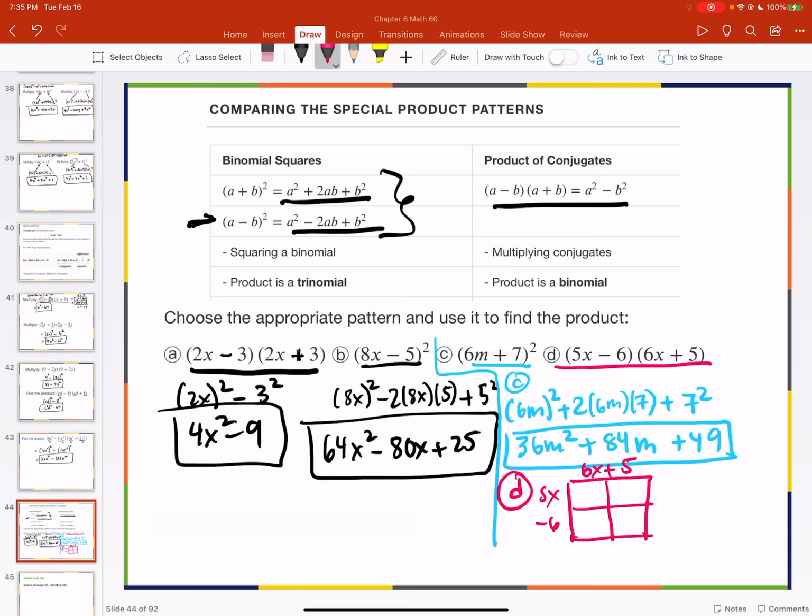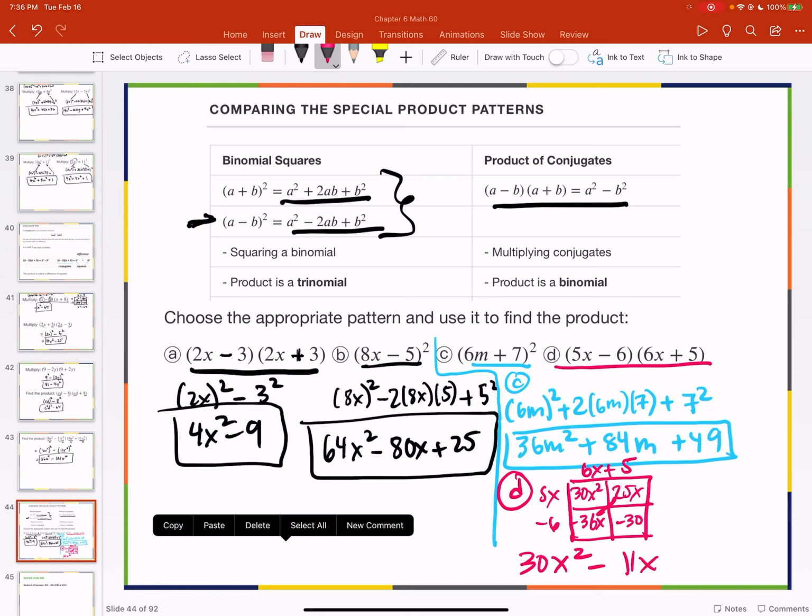So we would have 30x squared, 25x, negative 36x, minus 30. So 30x squared minus 11x minus 30. And that's it for D.